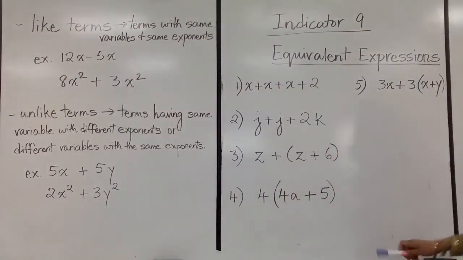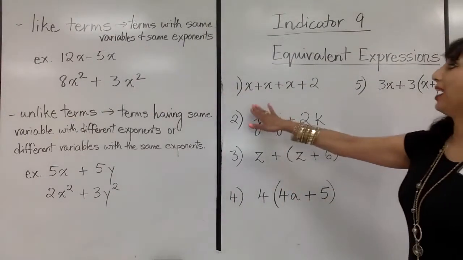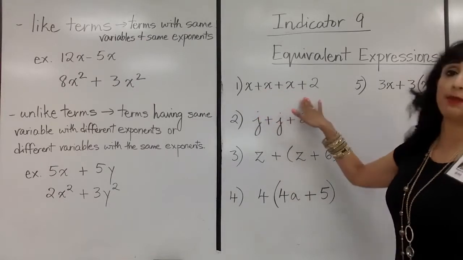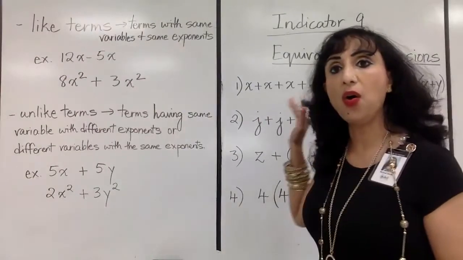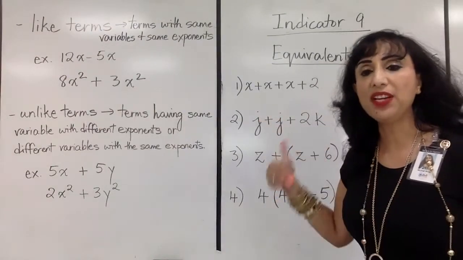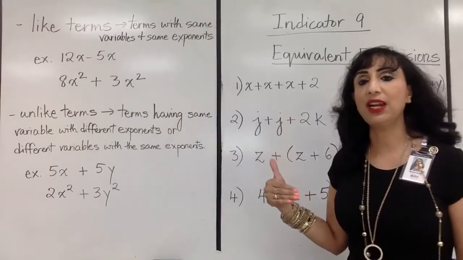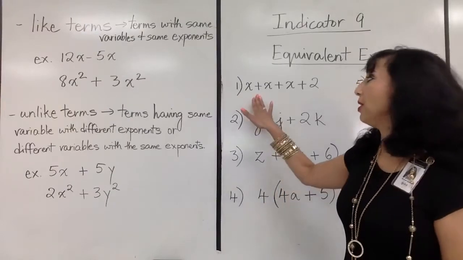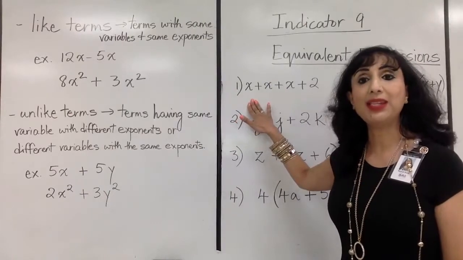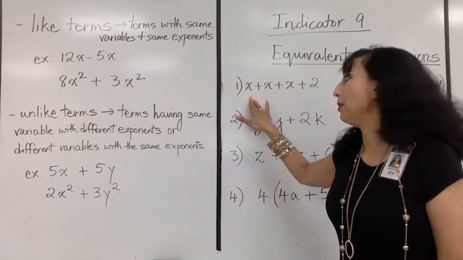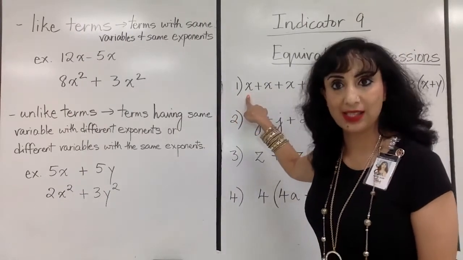So if I have something like x plus x plus x plus 2, if there is no number, no coefficient that you can see written in front of a variable, because a variable is representing a number, how many x's are there? That basically means there is one x, all right?